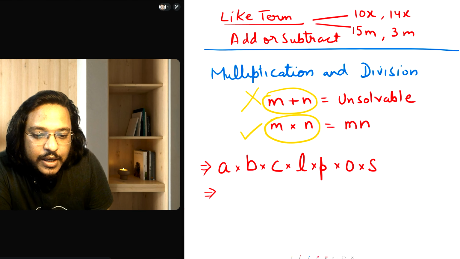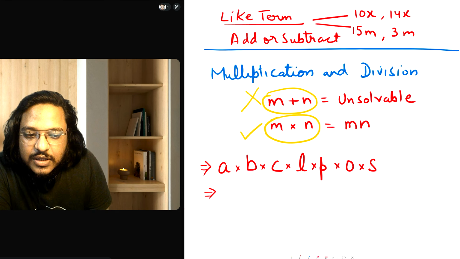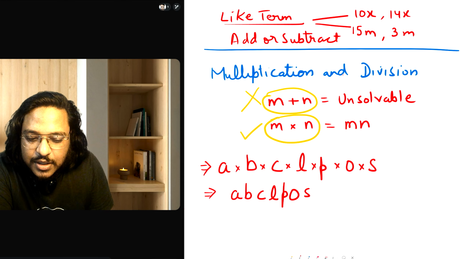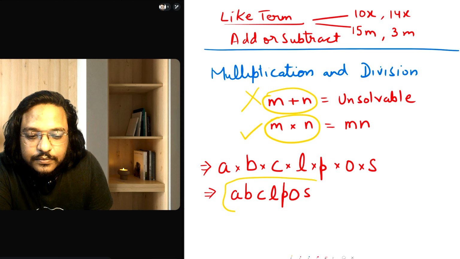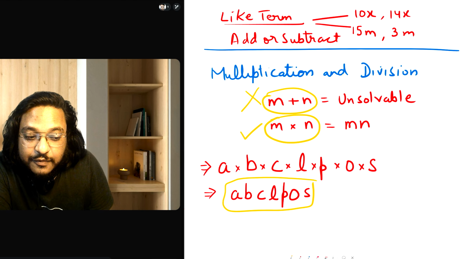Let's try. If m times n can be written as mn, then all of these things can also be written as A, B, C, L, P, O, S. And this should be correct. What do you think? Does it look like it's correct? You can pause the video and take a guess if it's right or wrong.